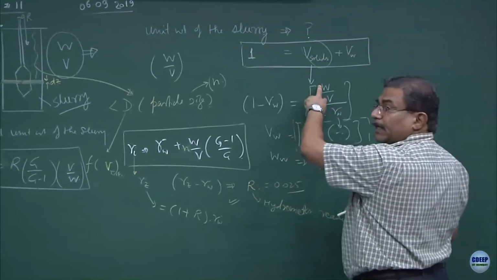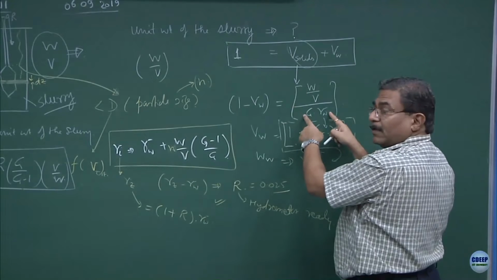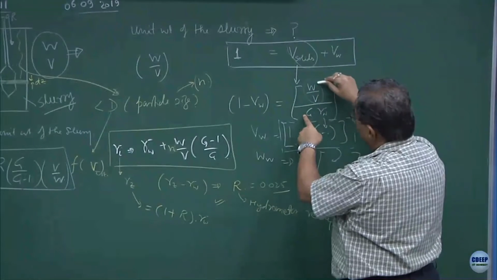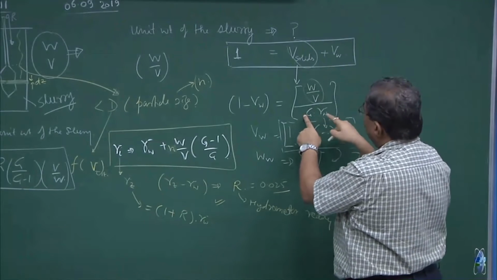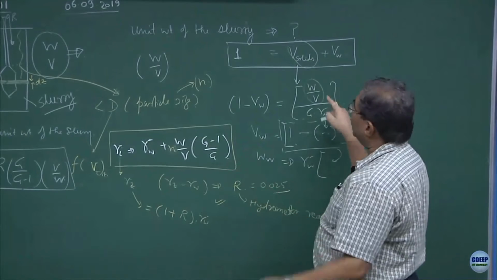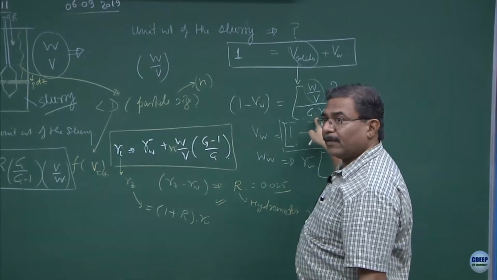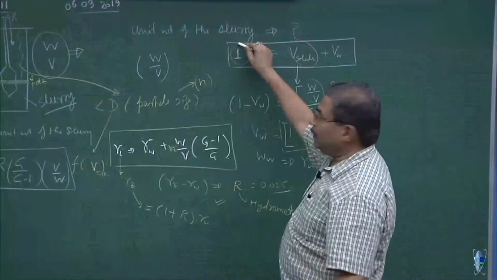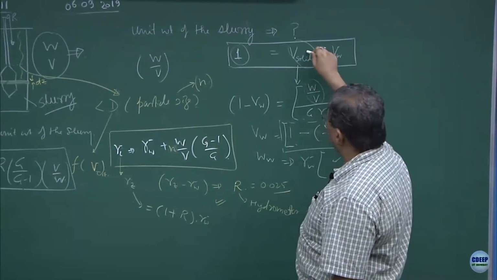This much is the W upon V, and what about this G into W? This is the unit weight of the total suspension, and G into gamma W is the density of the solids which are present. So, this is how I am getting the solids. Total suspension means? Total suspension volume will be unity, say 1000 cc. So, volume of solids plus volume of water. How will you compute the volume of solids?